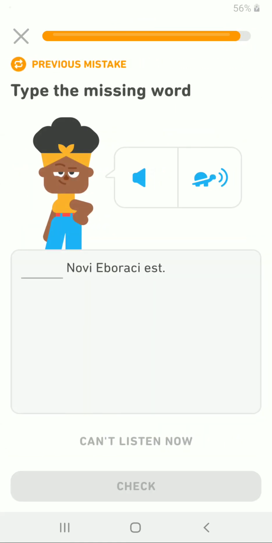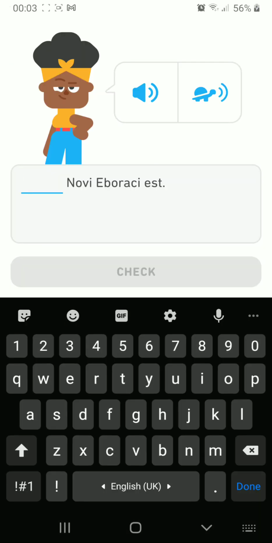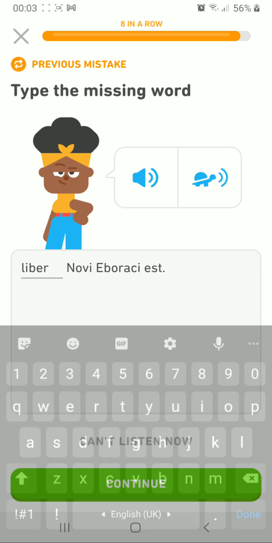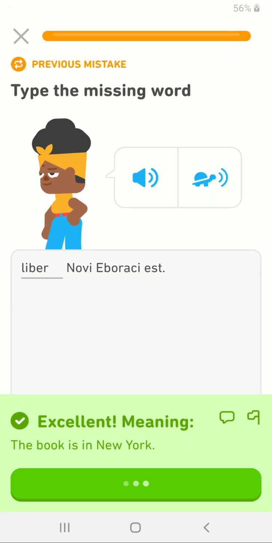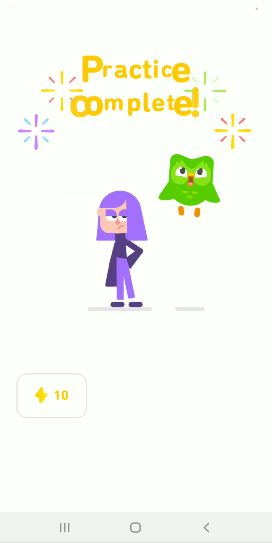Dormiunt. Okay. Liber Novi Eboraci est. So this was for the listening practice. Liber, of course, it's book. I couldn't understand what liber was. Was it Livia? Of course, now you know what was said.